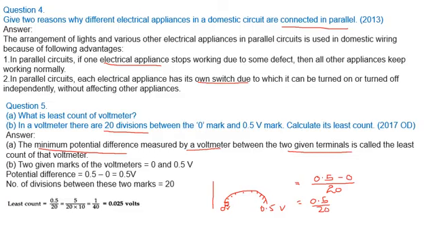Fine, so if I have to remove the decimal, I need to put one more 0. If I divide 5 and 5, 4s are 20 and 0, so 1 upon 40, which is nothing but 0.025 volt. Okay, this is how we find out the least count.